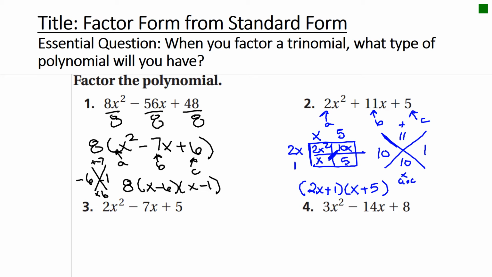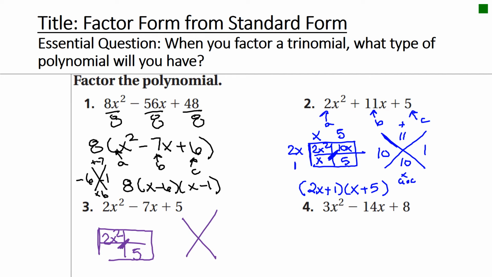Number 3, they're all prime numbers, so we can't factor anything out. So let's start setting up our box method. Inside our box, here's what we have going on. We have 2x squared, 5. We're trying to figure out what's going to go into those two other boxes.